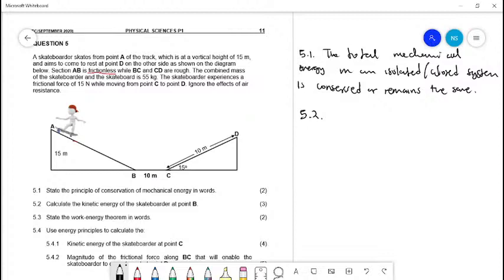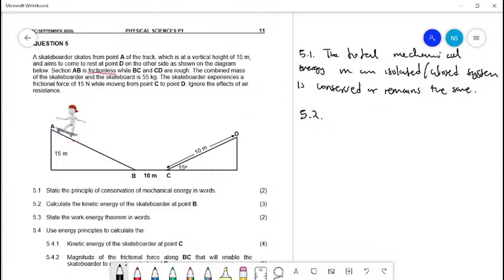So let's see. It's for 3 marks, right? And I know a lot of people have it in their minds that when you see 3 marks, you only think about formula, substitution, answer.